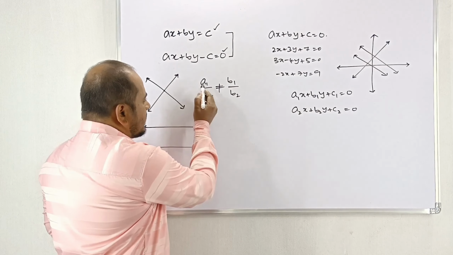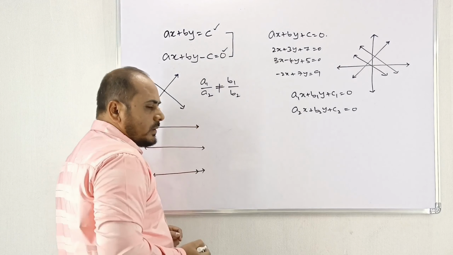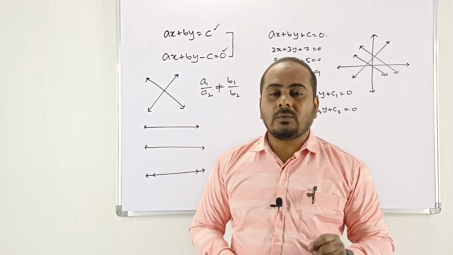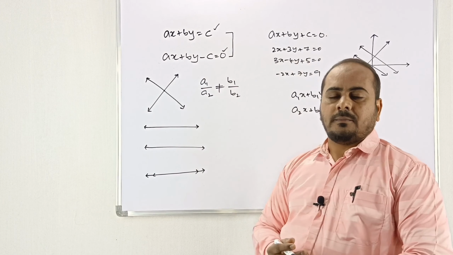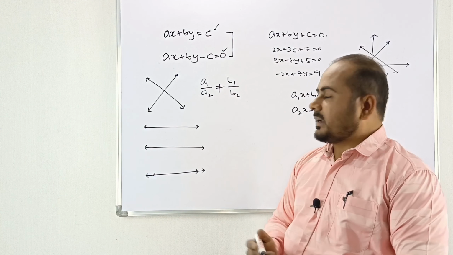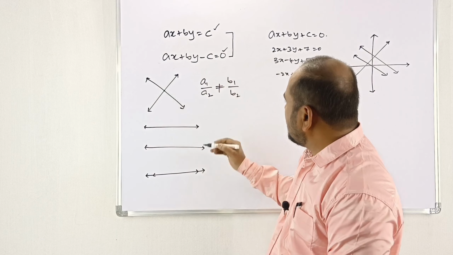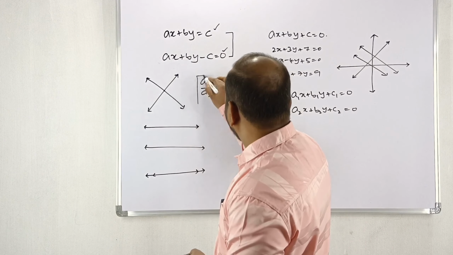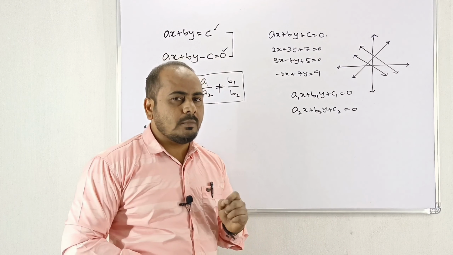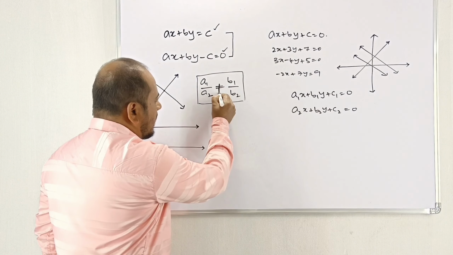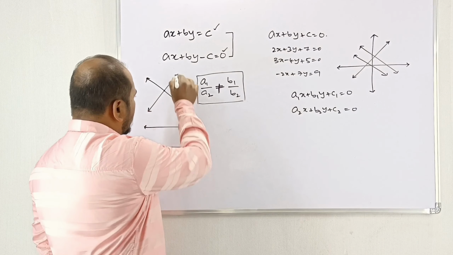So when two lines have the condition a1 by a2 is not equal to b1 by b2, in that case only one common solution will be there. That is this one. So how to remember this condition? I will give you one hint. Remember, not equal means not equal.